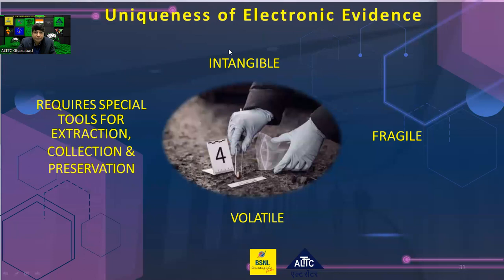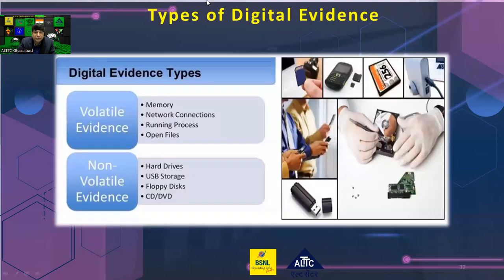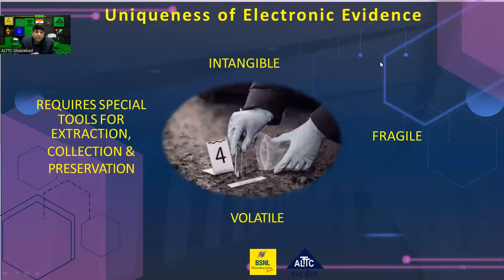Now let's discuss the nature and uniqueness of electronic evidence. The first most important point is that it is intangible, some of it volatile, some fragile, as already discussed in the previous lecture, and it requires special tools for extraction, collection, and preservation.